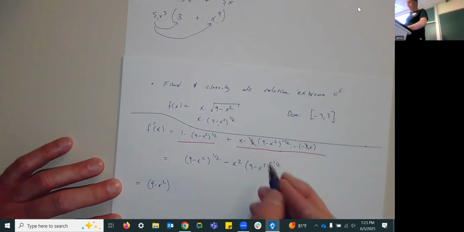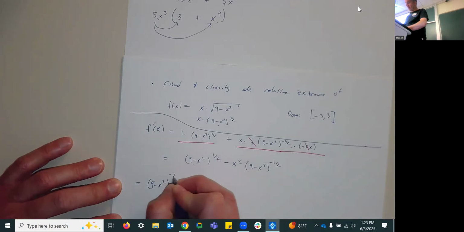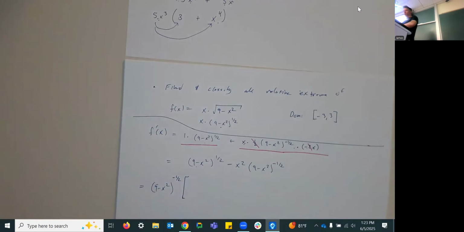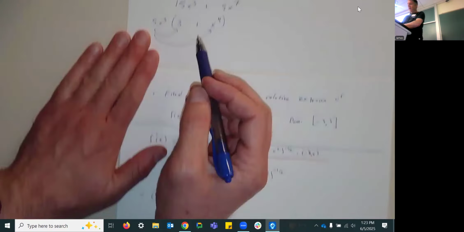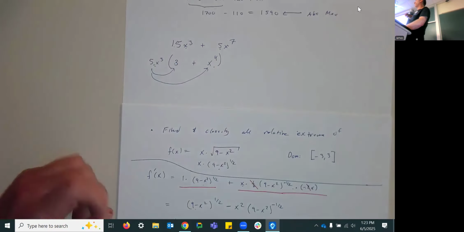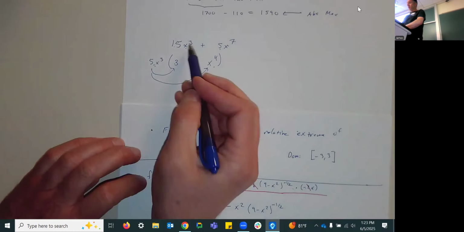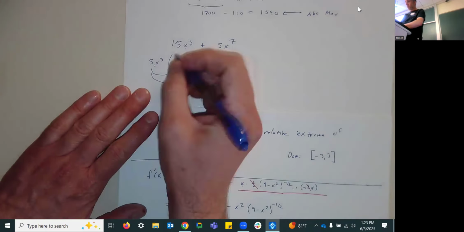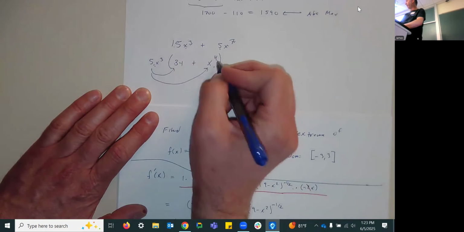So in the same sort of way down here, although it's a little bit wonkier, we're going to factor out the (9 minus x squared) to the negative 1/2. And I want to really stress here: when I factored out the x cubed up here, it's like I was subtracting 3 from the power, from either here or here. 3 minus 3 is 0, x to the 0 is 1. 7 minus 3 is 4, I got x to the 4th.